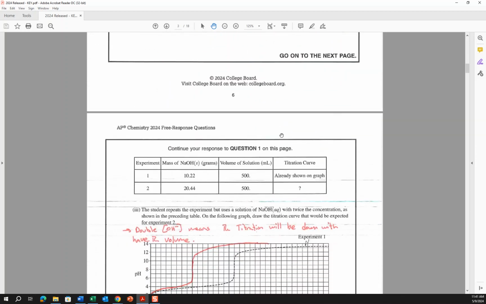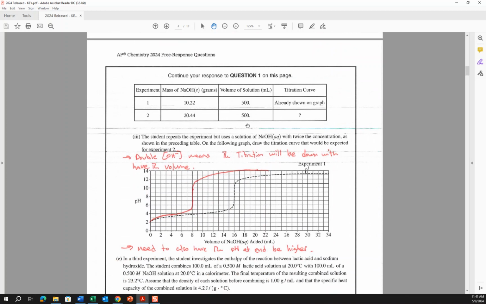All right, so moving forward, now they do the same titration. So the same amount of acid is titrated, but we doubled the base concentration. So it's only going to take half the volume to reach the equivalence point. So you have to draw a titration curve here where the equivalence point is at 8 milliliters instead of 16 milliliters added.